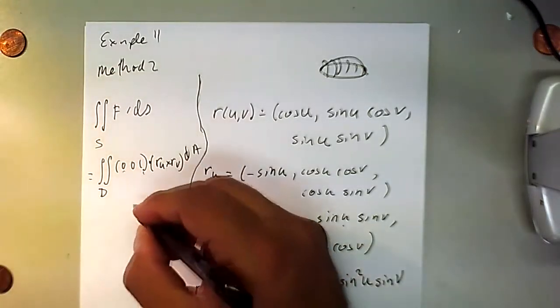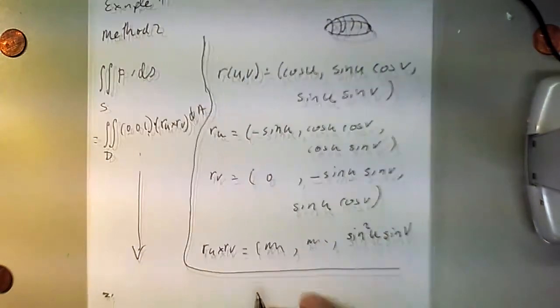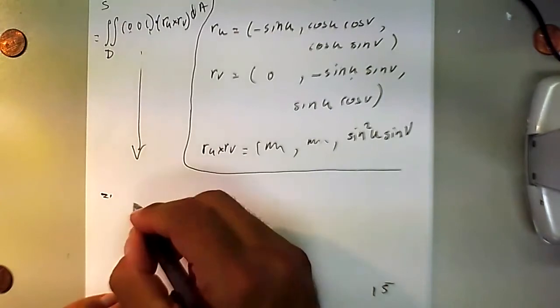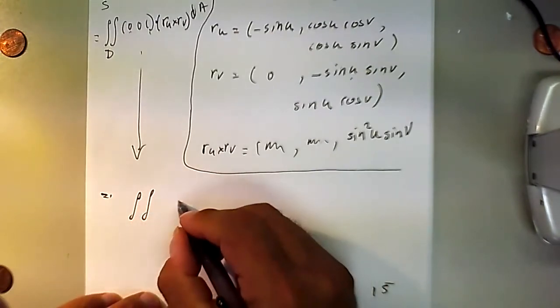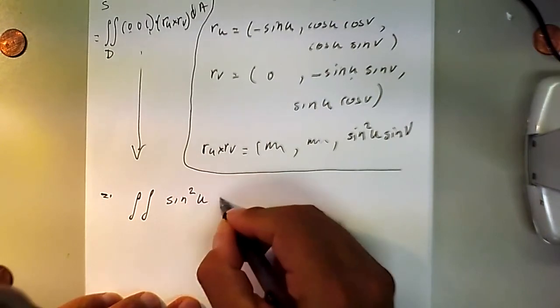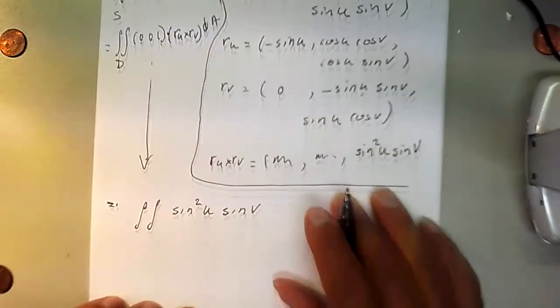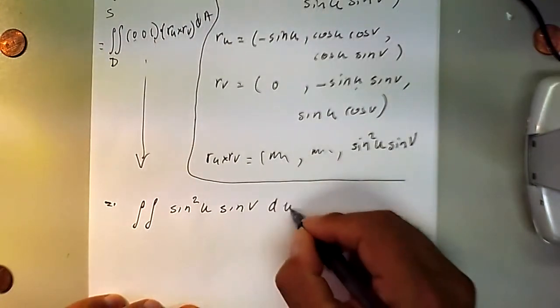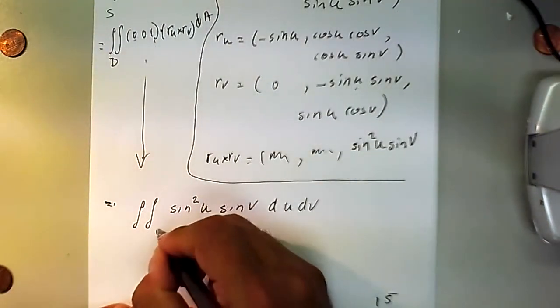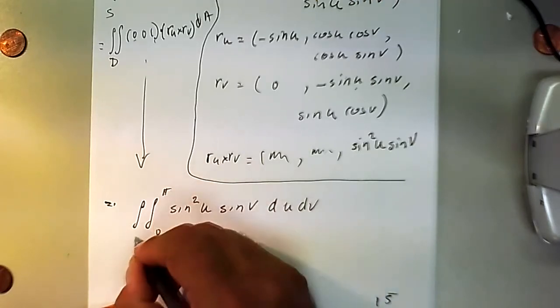Okay, so let me bring this down here. So that is going to be the double integral of sine squared u sine v. And remember, under this parameterization, u and v go from 0 to pi in both cases.